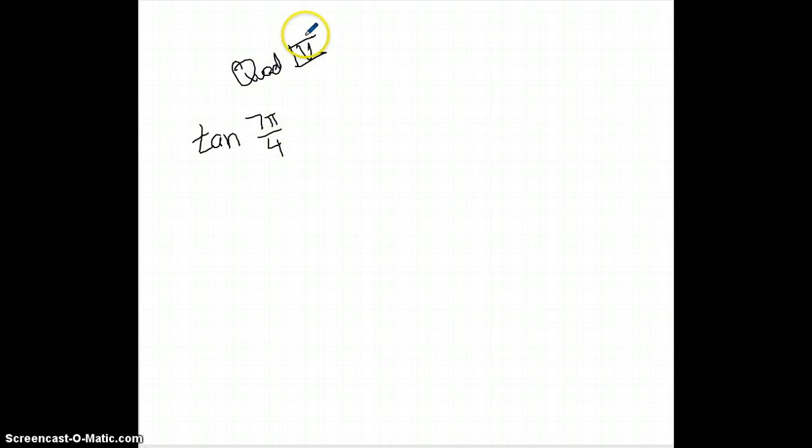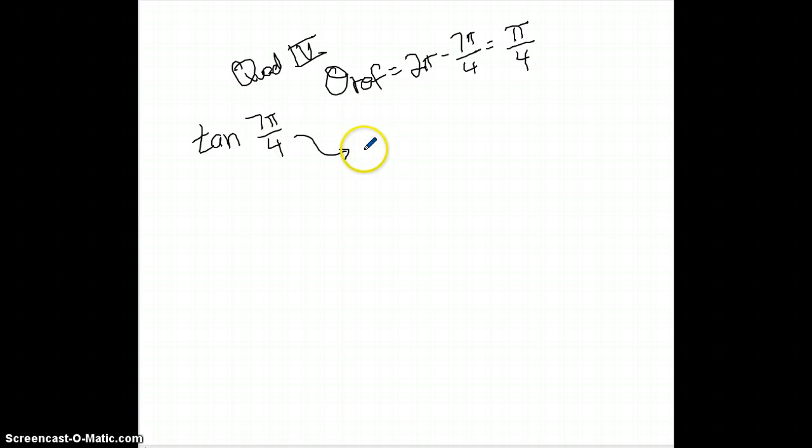So I need to figure out the reference angle. It's going to be 2 pi minus 7 pi over 4, and because we're running low on time, I'll just say this is pi over 4. Tangent is negative in the fourth quadrant, so this equals negative tangent of pi over 4. Tangent of pi over 4 is 1, so the answer here is negative 1.